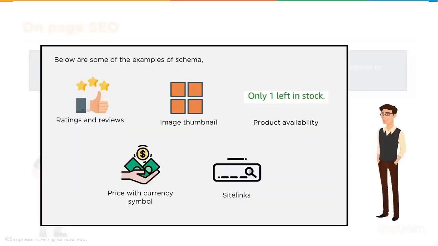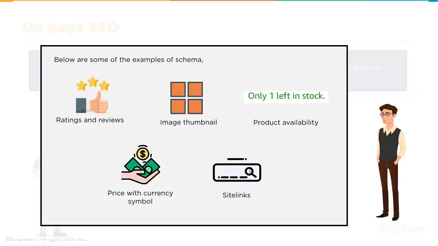And so if you have a website with reviews, if you have a website with images, if you have, let's say, a website with products with prices, in other words, you have an e-commerce website and you're trying to sell products. Well, to me, you want to employ schema because, again, schema is snippets of information that are provided to the search engine so they can better understand.